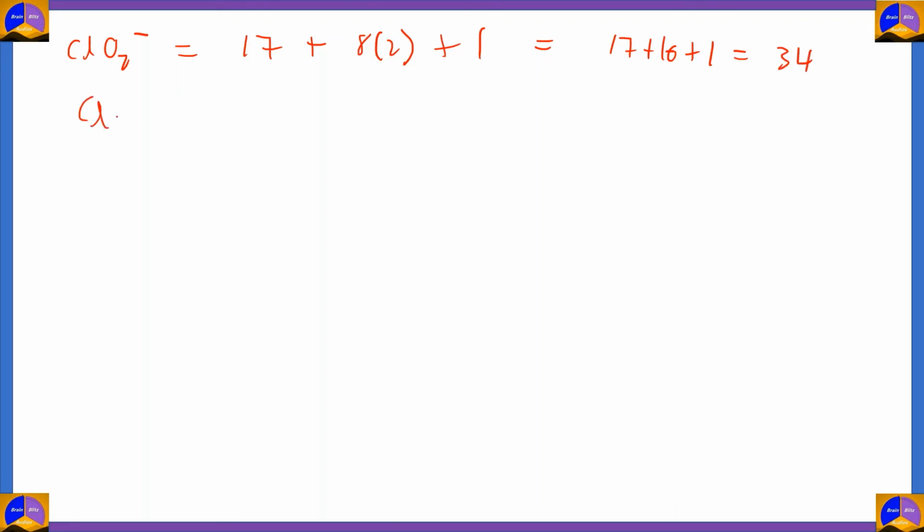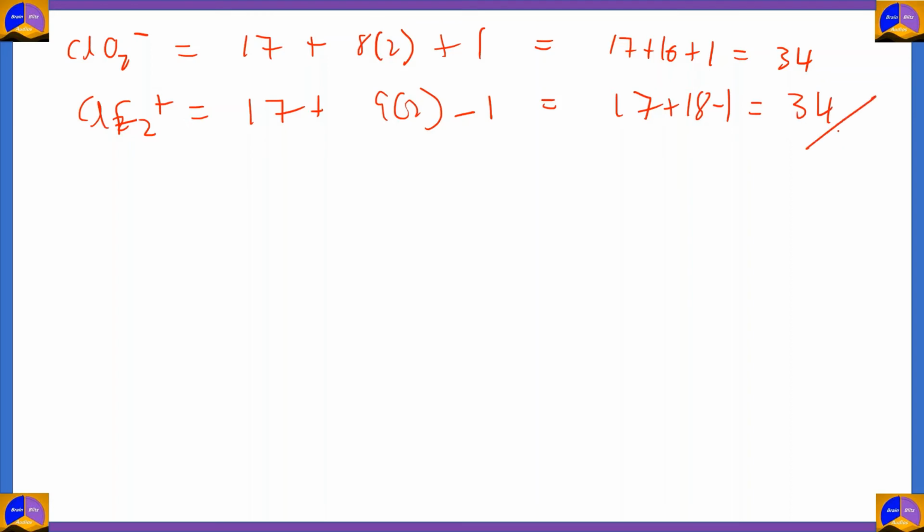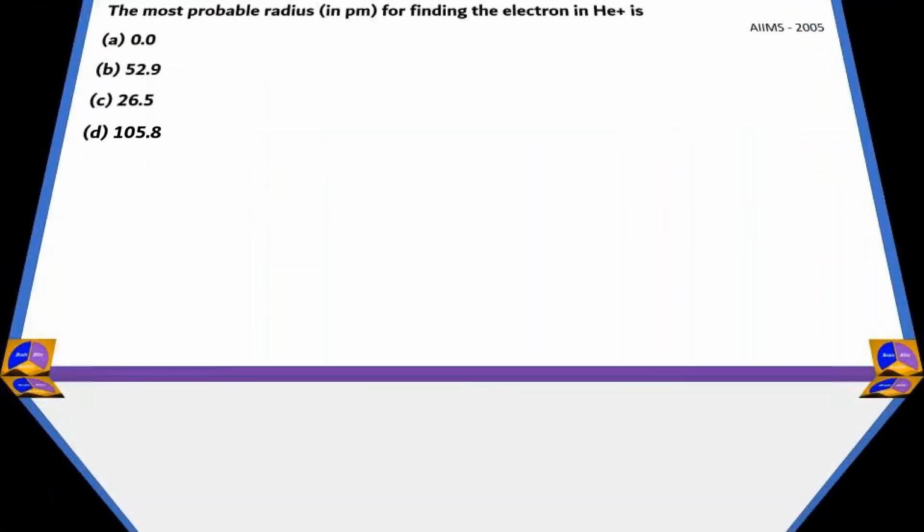And ClF2 plus: 17 plus F2, which is 9 into 2, and then there's a plus, so minus 1 electron. So 17 plus 18 minus 1, which again is equal to 34. Since both ClO2 minus and ClF2 plus have 34 electrons, they are an isoelectronic pair. So option D is indeed the right option.